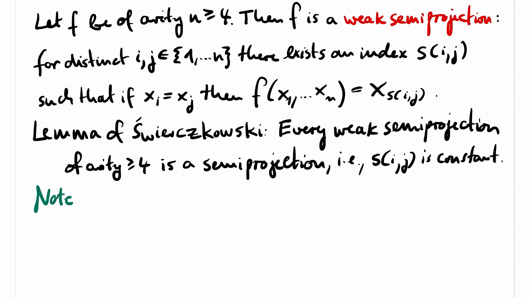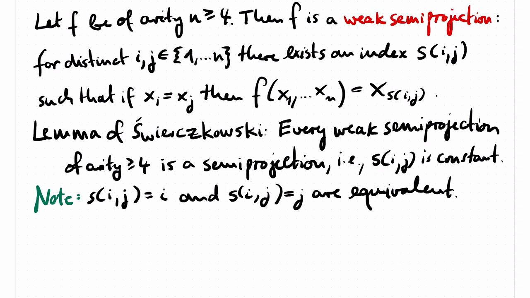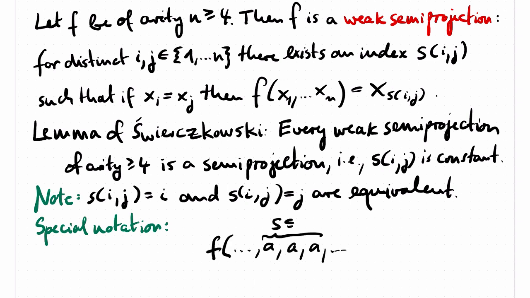First of all, clearly if s_ij equals i, then it's the same as saying that s_ij equals j, because x_i and x_j are anyway equal. So we introduce some special notation for weak semi-projections that will make the proof more transparent. For some subset S of indices of size at least 2, we define E of S as follows.